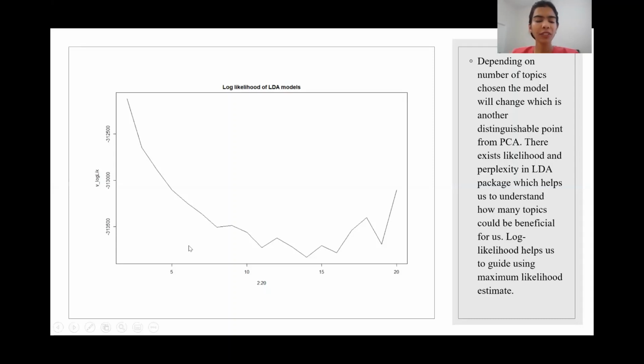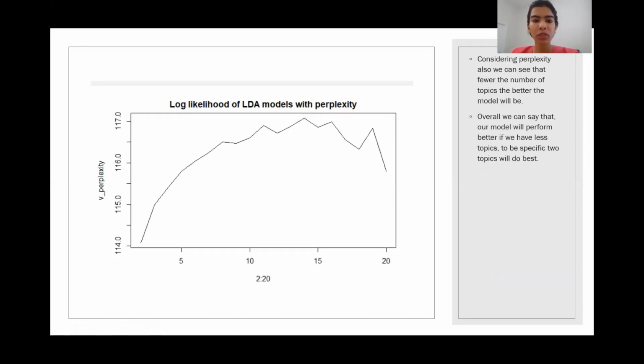Here we see that a minimum number of topics is the best idea for our project because we are getting a good amount in terms of minimality. As we can see in this graph, a topic count of 2 would be better if we have to obtain a good model. Likewise, if we go with the perplexity concept, we will again find that the fewer the number of topics, the better it would be for our model.